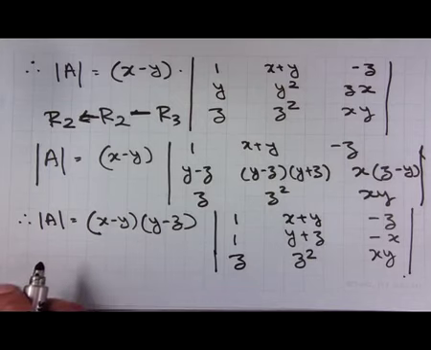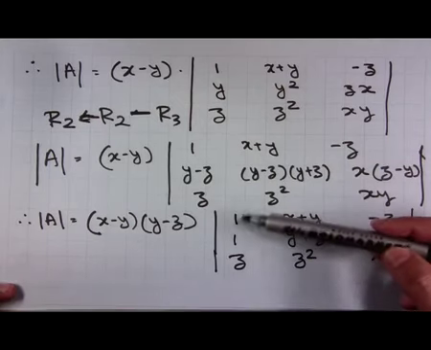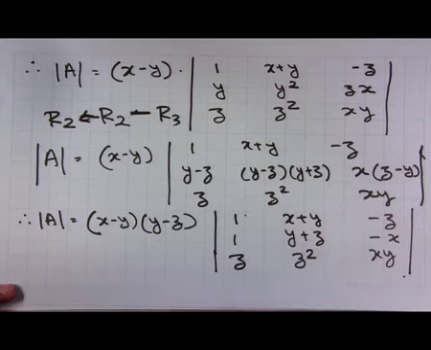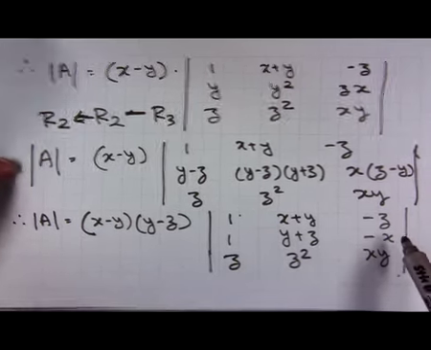Now, what will we do? We will subtract this row from this row. What will happen? It will make this 0 and it will make this minus x plus z.